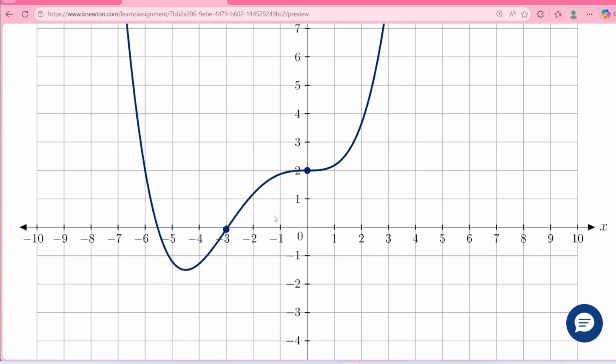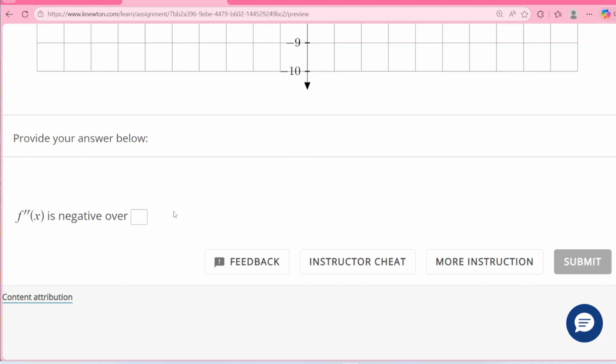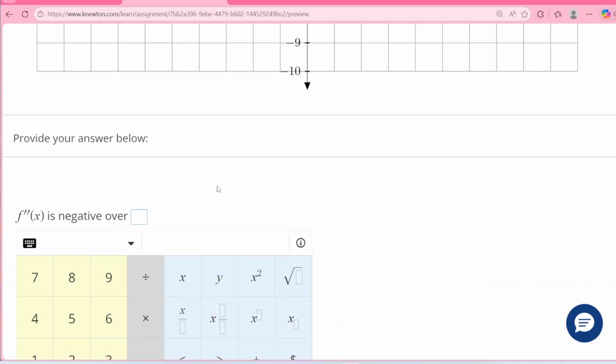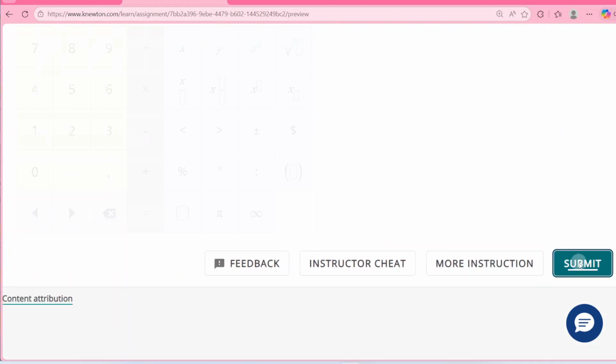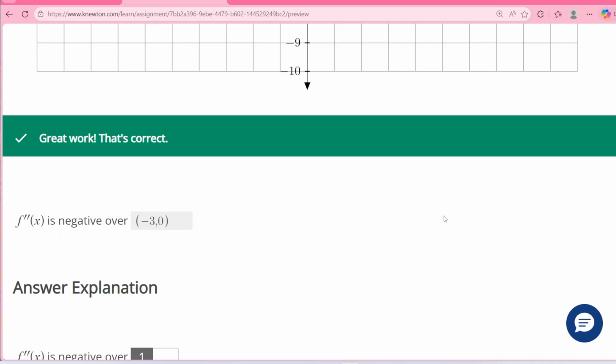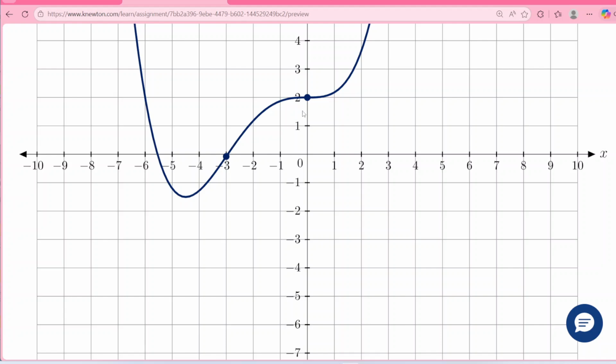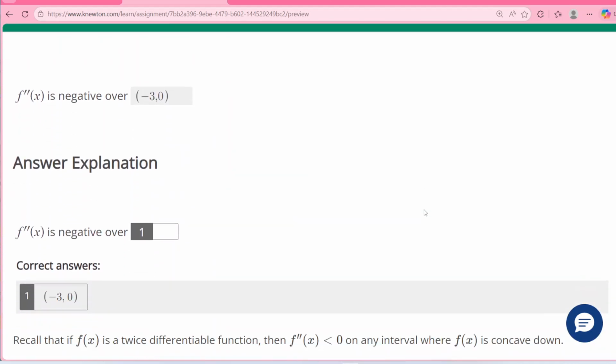So looking at this picture, the only piece of this graph that's concave down is from x values of -3 to x values 0. So the interval from -3 to 0 is the only interval I'm entering here. And there's no other one, so I'm not going to put a comma and have a second interval. Pretty simple when you're given the picture of a graph. And of course, they highlight these points of inflection for you as well. That's also very nice of them.